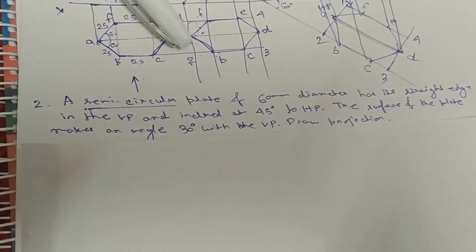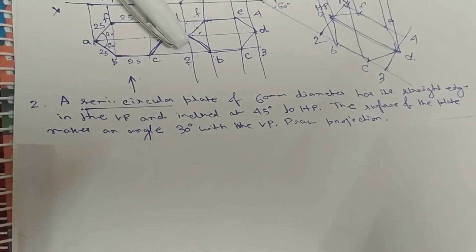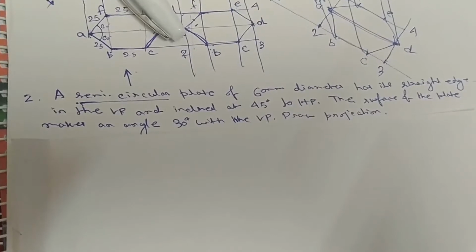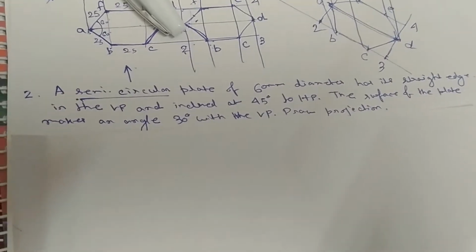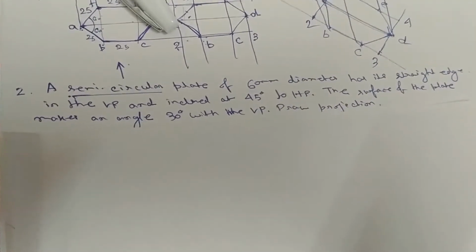A semicircular plate of 60 mm dia has its straight edge in the VP.